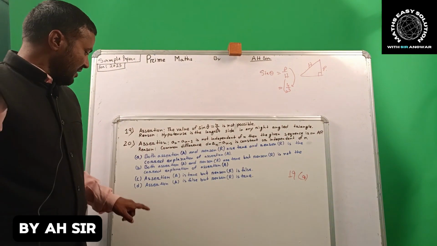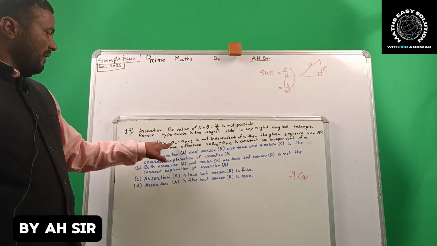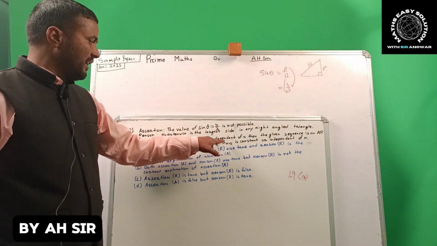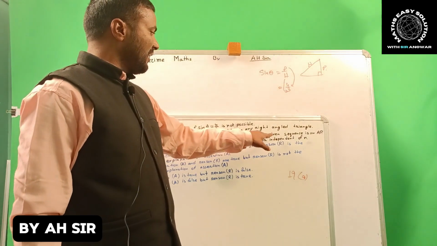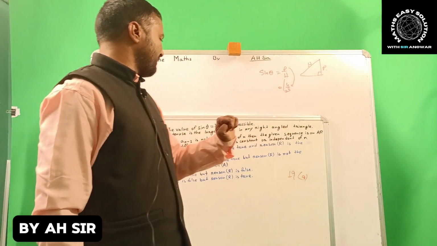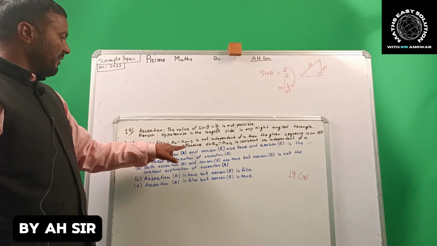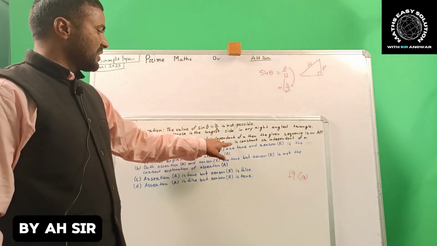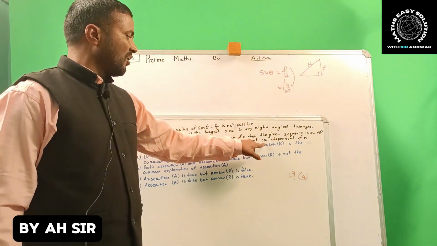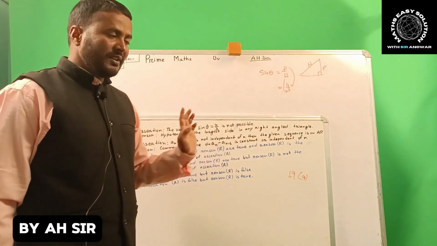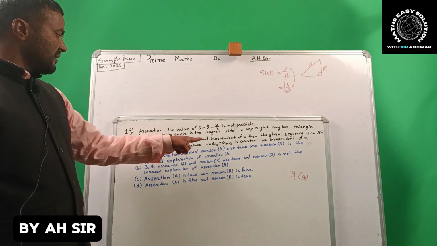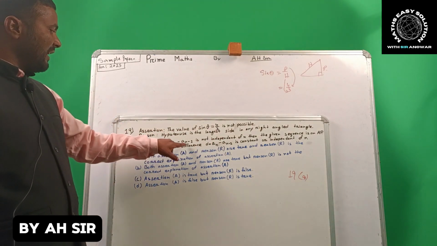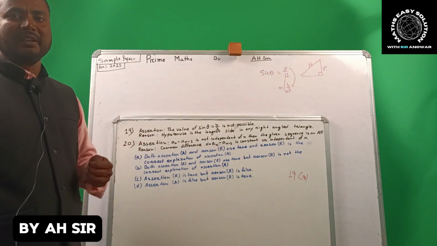Next question, number 20. Assertion: a n minus 1 is not independent of n, then the given sequence is an AP. And reason: common difference d equal to a n minus a n minus 1 is constant or independent of n. Here you see one thing, here in the assertion, this 'not independent' is not correct because n may be any value, it is independent.